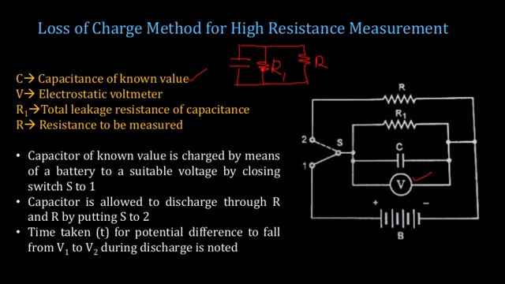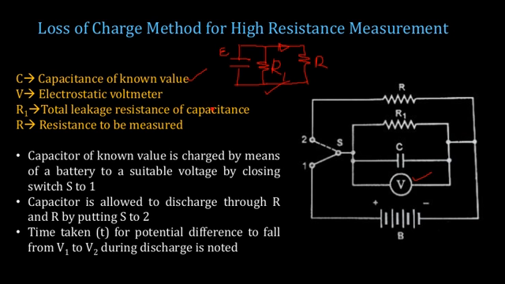Okay, so that simply means that if you are having some amount of energy associated with the capacitor, that energy won't be completely transferred to the resistor through which we are planning to discharge the capacitor. Some energy will be dissipated within the capacitor. So in order to represent that, we are representing that by means of a leakage resistance of the capacitor.